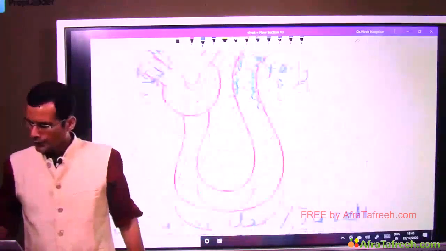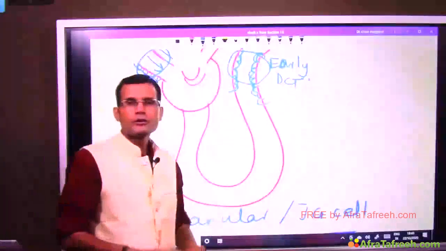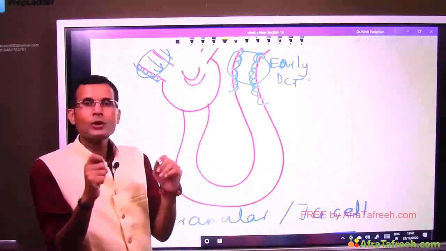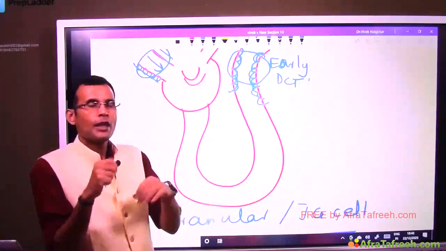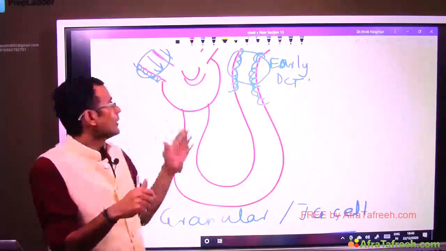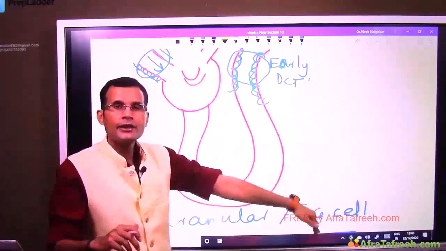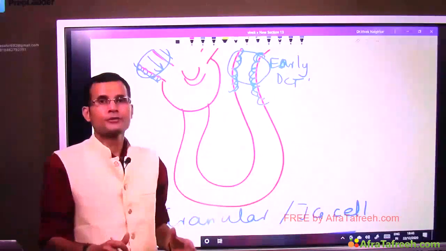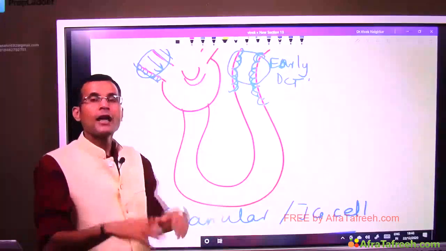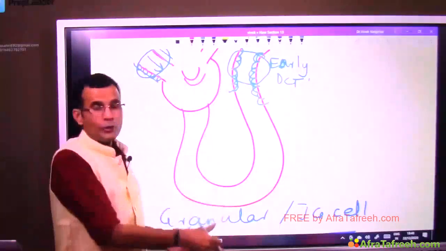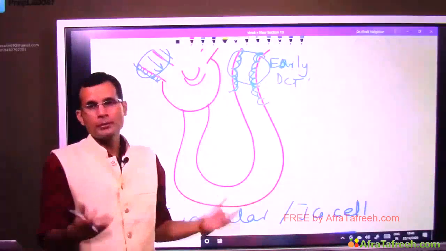By the way, the question that I asked you, the JG apparatus lies in close relation to? And the options given are the afferent arteriole, early DCT, collecting duct and glomerulus. These four were the options, and majority of the students gave the answer early DCT because thinking that macula densa is the major component, so maybe.